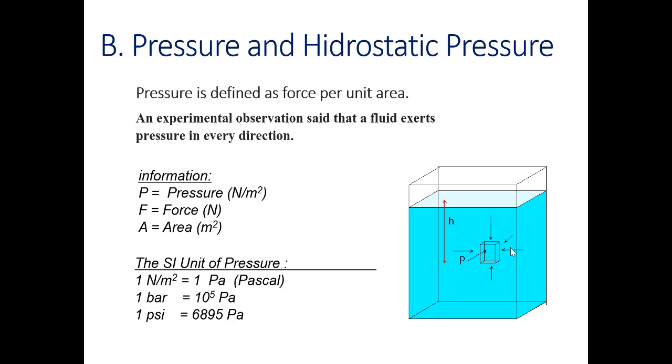That's why when you swim in the sea or in the swimming pool, getting deeper, you will feel more pressure, isn't it? It will be much harder to breathe. Your chest will feel more pressure.